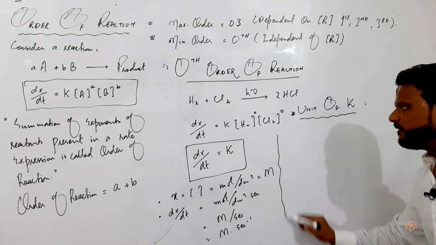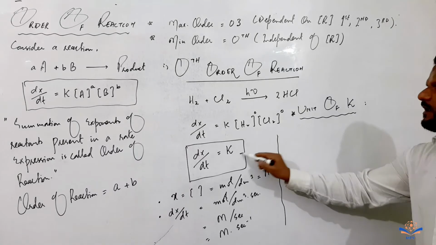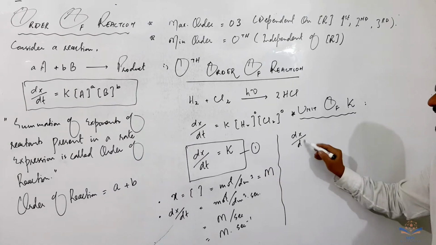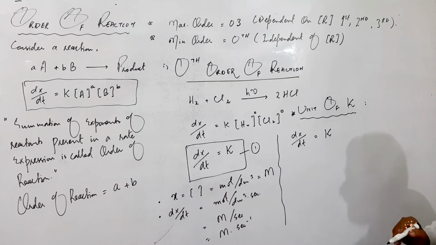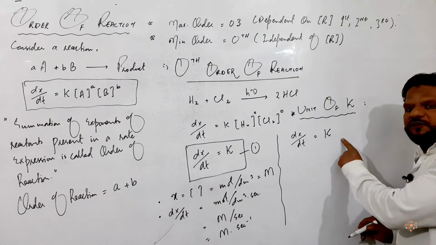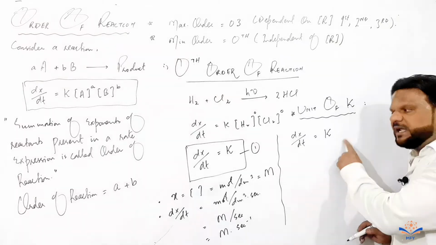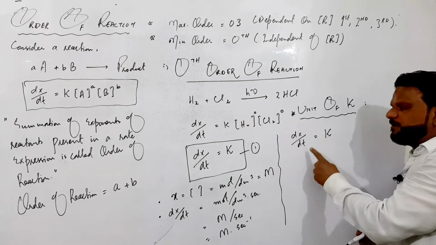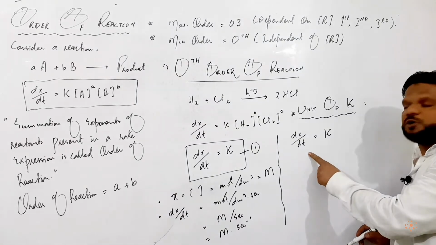Now we are going to find the unit of K for zeroth order reaction. For zeroth order reaction, equation 1 implies dx by dt equals K. There is no reactant present in this expression. It means that this type of chemical reaction is independent of active masses of reactants.